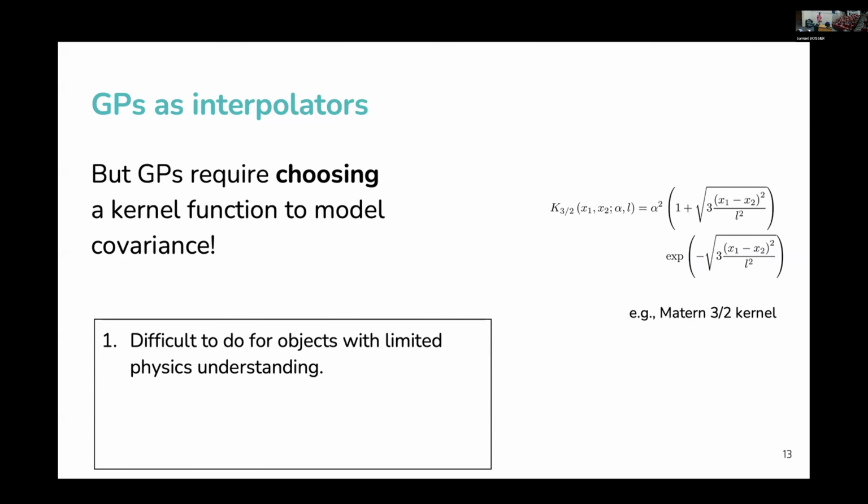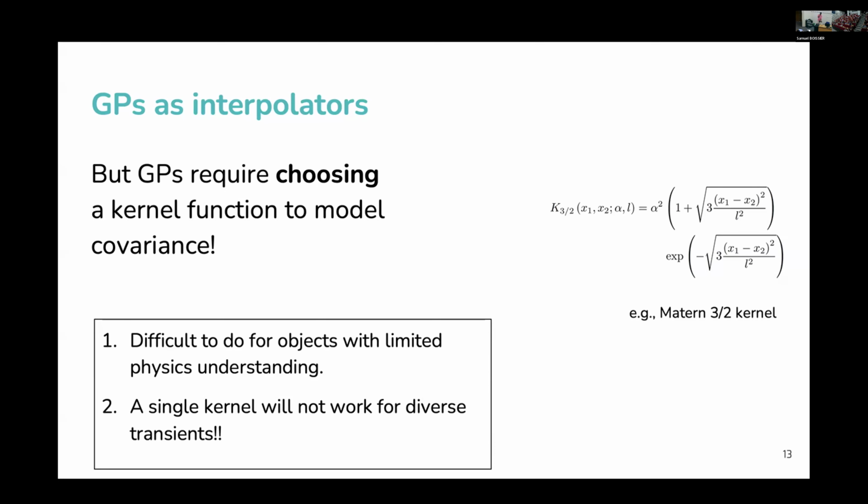And so because of that, we sometimes end up using a general kernel, for example, a Matern 3/2 kernel, which sort of fits a wide variety of different transients and seems to pass the eyeball test. But there is a problem here, which is that the kernel choice depends on the physics, and even if we know the physics, a single kernel cannot work for everything because the physics of the diverse set of transients is necessarily different.